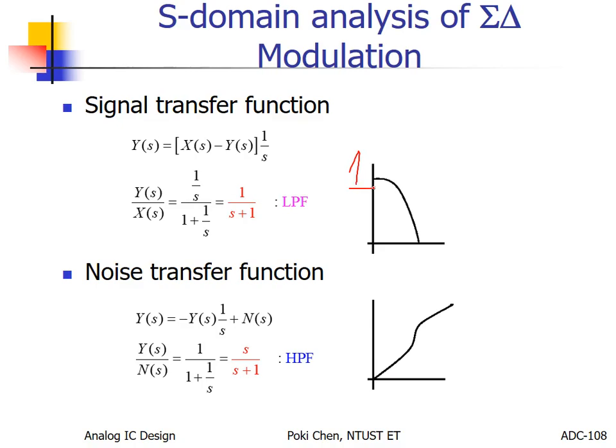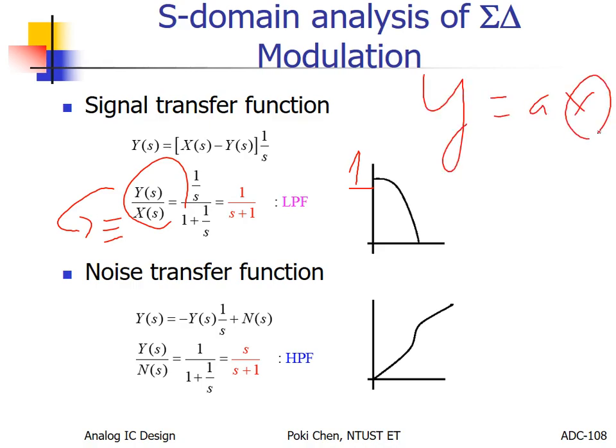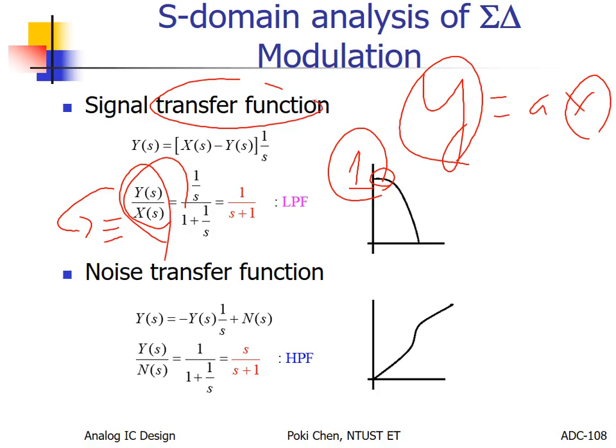What does it mean? Your output will be almost equivalent to your input. That is what we want. For any kind of conversion, we hope the input and output are exactly the same. Got it? That is in theory. In this region, the magnitude of such a transfer function is 1.